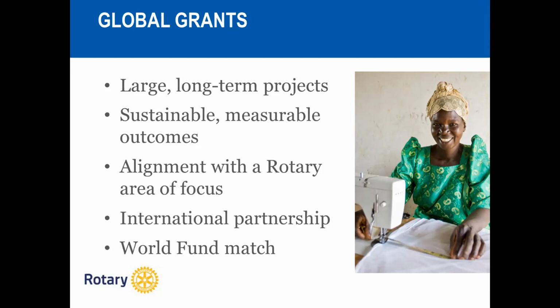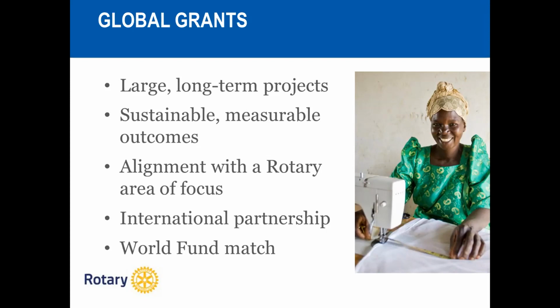Clubs and districts contribute district designated funds and cash contribution that the World Fund matches. So DDF is matched 100% by the Rotary Foundation, a one-to-one match. And cash is matched at 50%.